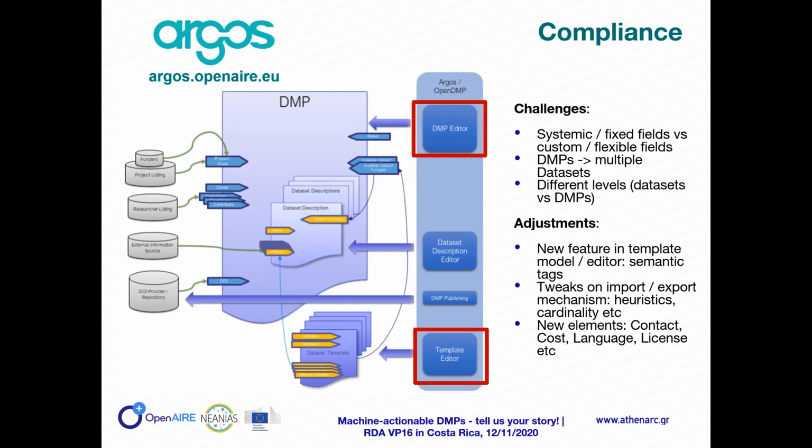Both heuristics and semantic utilization required that we created a special importer-exporter for MADMP. And finally, a few changes in the core model we could not avoid, and we had to do them. Most of the work was focused on the two editors that the system's user interface exposes, and also the custom importer-exporter that I mentioned already.